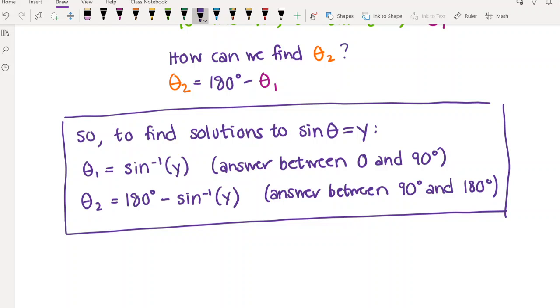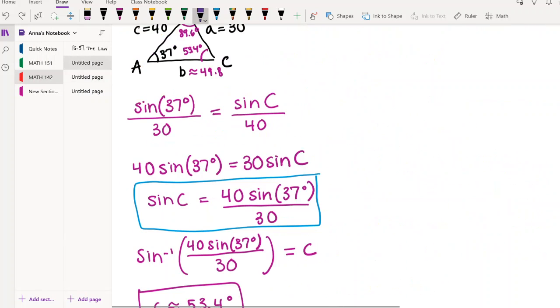If you're trying to solve sine of an angle equals a number, it's not enough to just do inverse sine. That's only going to give you one possible answer, and you're going to be missing out on the other answer. So how can you find the other answer? You can do 180 degrees minus whatever you got as your first answer. Okay, so let's see how that works out in this example.